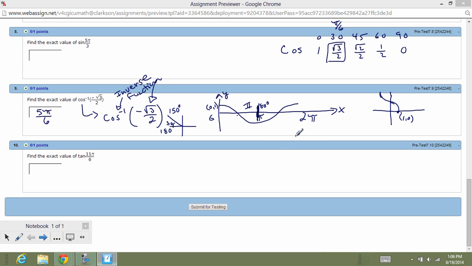All right. Now, maybe there's a question about how do we convert 150 degrees to the radian scale?